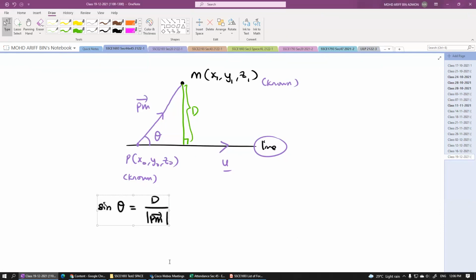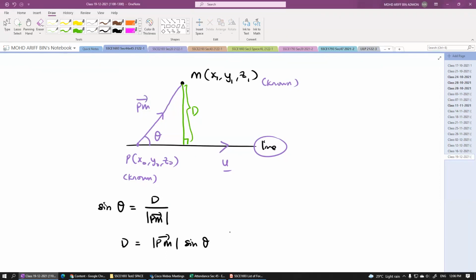If we have a vector, yes, we do have the length for this vector by calculating its magnitude. That's why we put the magnitude. Rearranging, D equals the magnitude of PM times sin theta. You may use this formula if you know your theta.